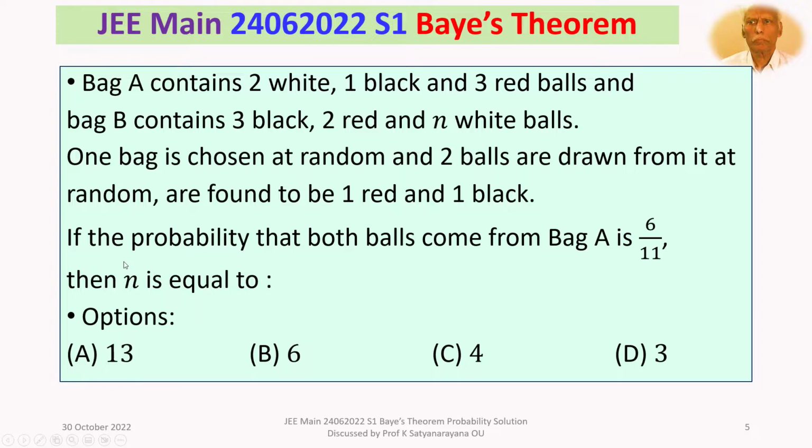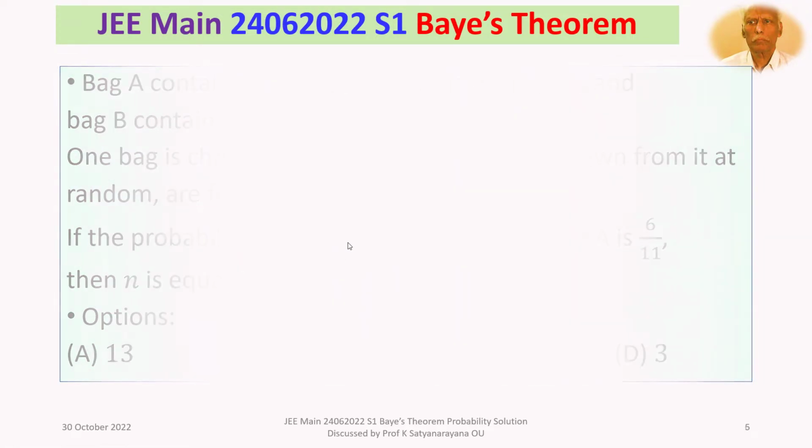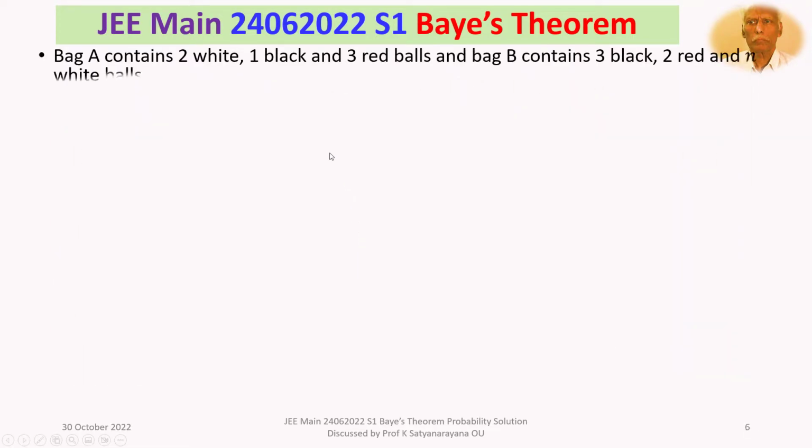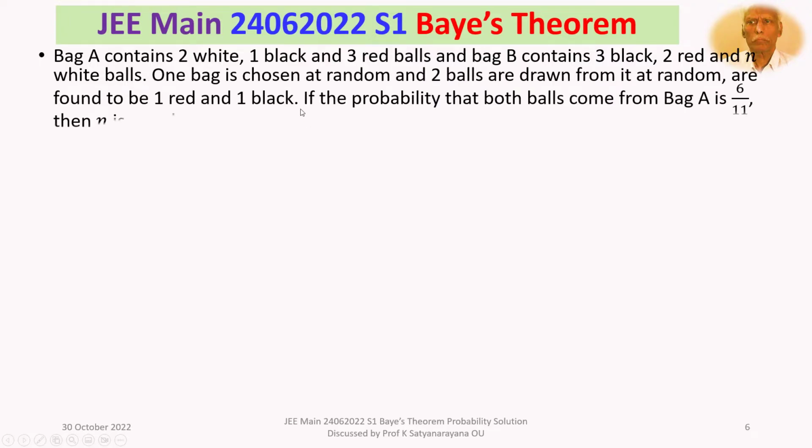You are given the probability that both the balls come from bag A is 6 by 11. Then we have to find the value of n from these 4 options. We now discuss the solution of the problem in detail, and this is our given problem.